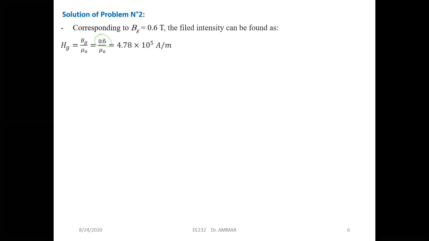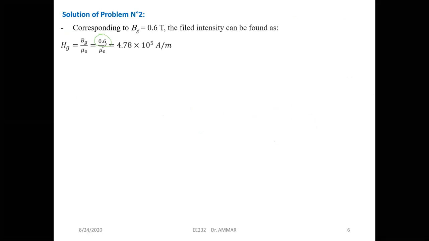So the required H to achieve B equals 0.6, H equals Bg over mu 0, because it's an air gap, so it's equal to 4.78 ampere turn per meter, which is the unit of the field intensity. So this is concerning the air gap, the first one.